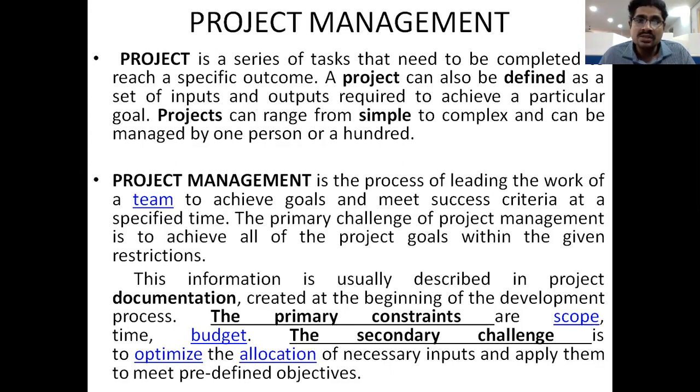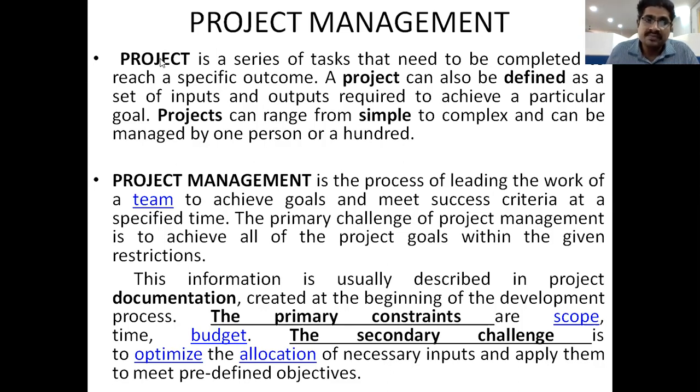This contract is also known as a project. The contract management, the accomplishment of all these tasks within a specified time and a mentioned amount, is called project management.